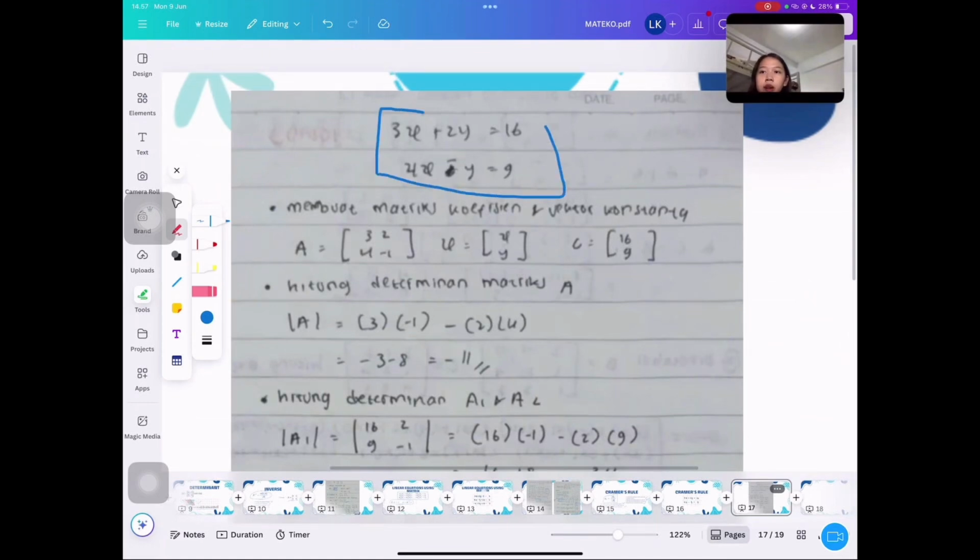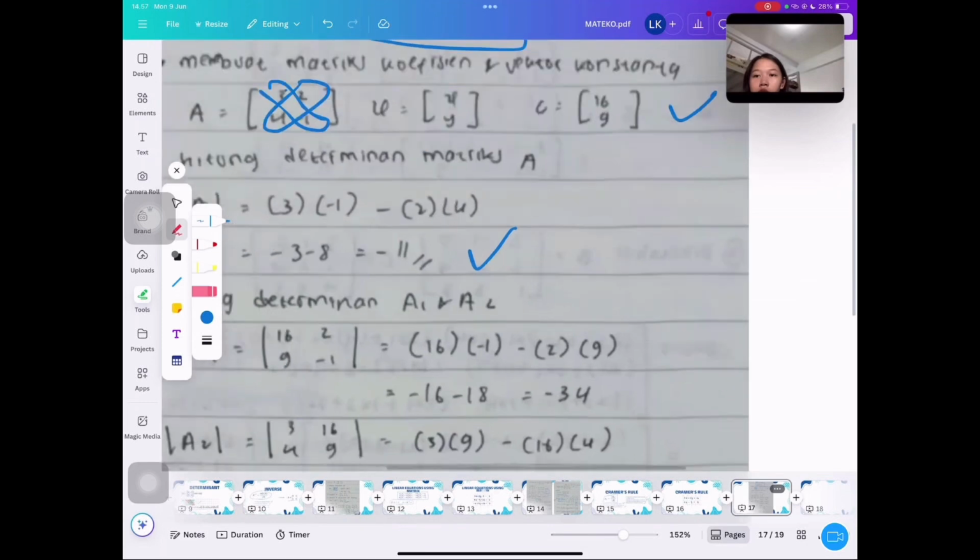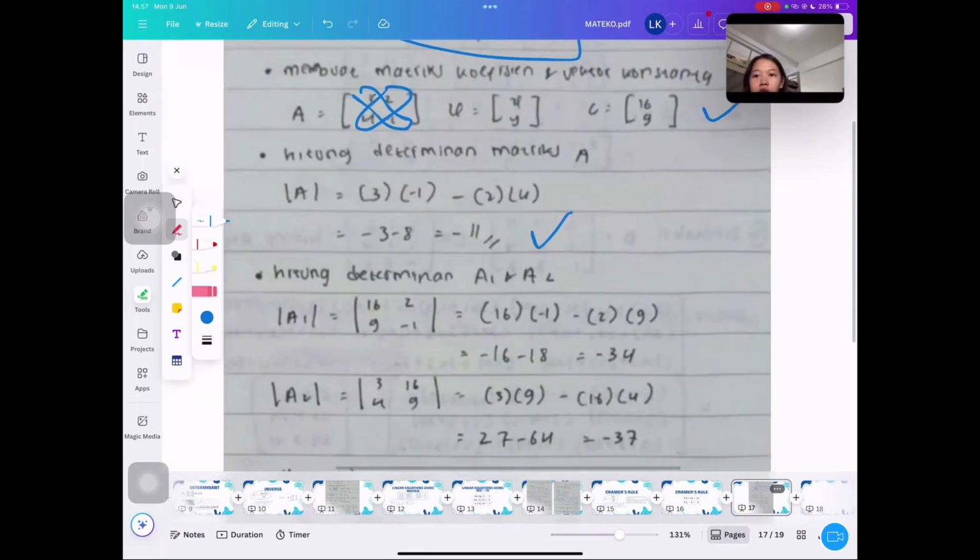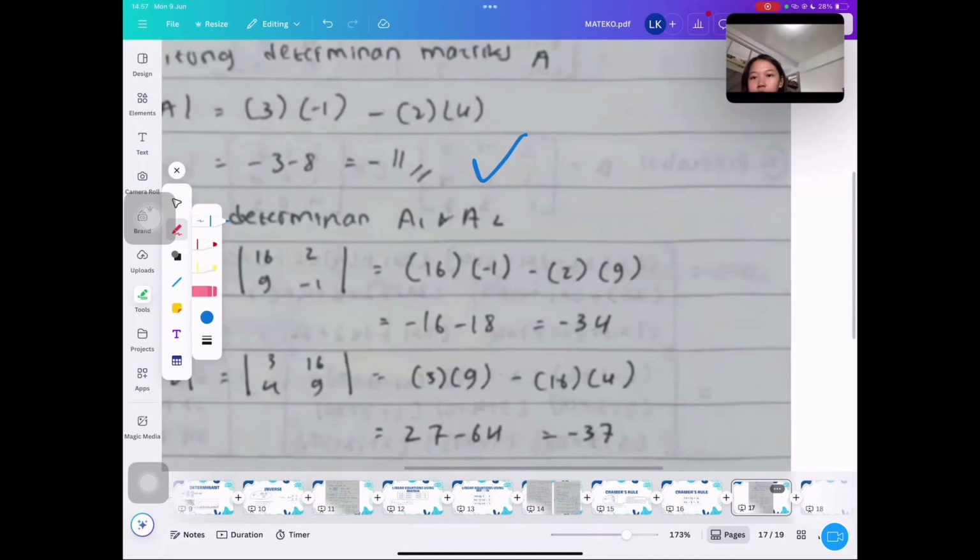So here we have, and then after that, calculate the determinant for matrix A. Same as before, to find the determinant we have to multiply diagonally. So this is the answer, and then we have to calculate the determinants A1 and A2. And then here is the answer.